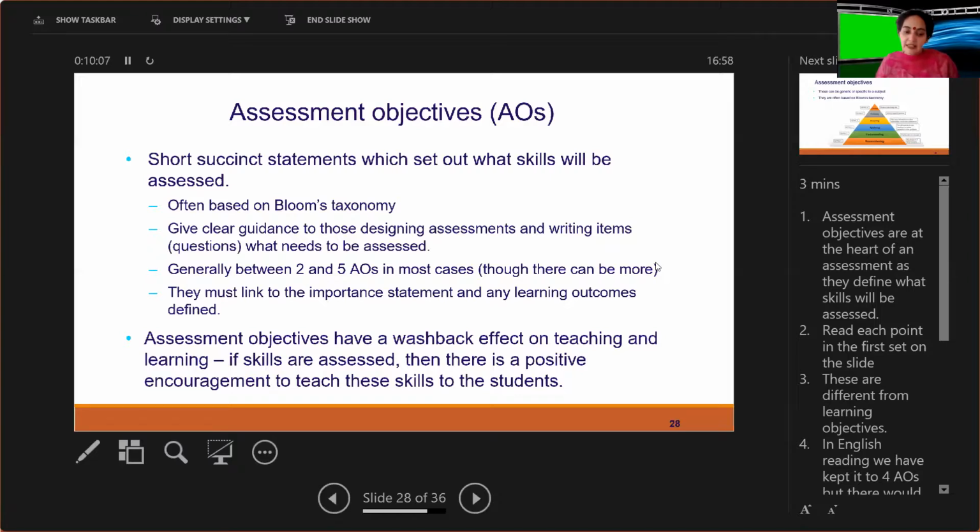If skills are assessed, then the student is engaged and is given a lot more positive encouragement. And the teacher teaching these skills will also motivate students in the process.